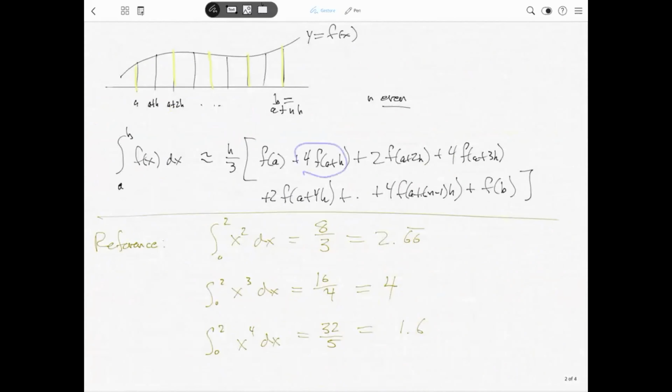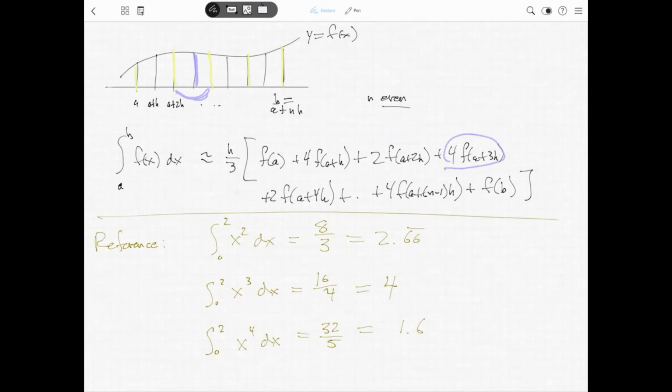So I got this counted 4 times. Then we come to this point here, and that counts once for the left 2 intervals, but also once more for the right 2 intervals. So that's why I've actually counted it twice. And then it's going to alternate from then on. The next one will be this one here. It's going to be in the middle of this pair of intervals, so that's going to count 4 times.